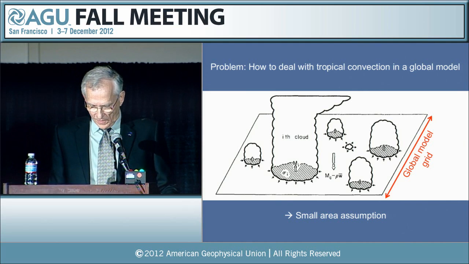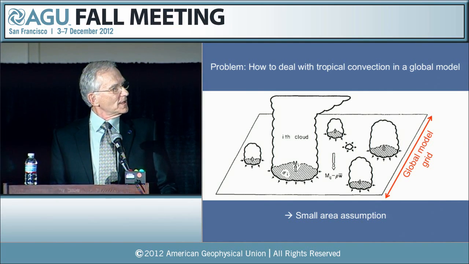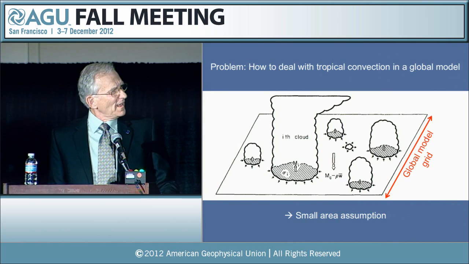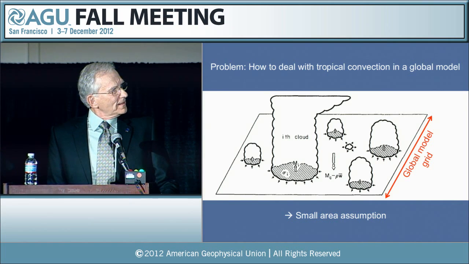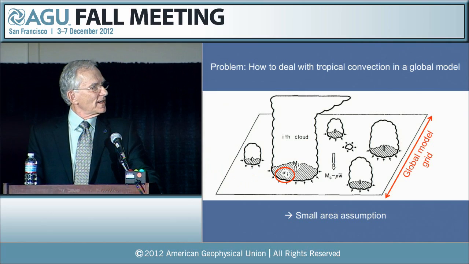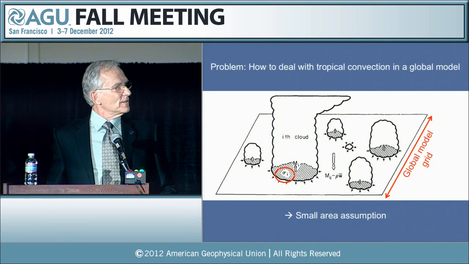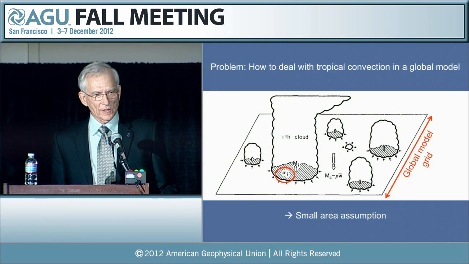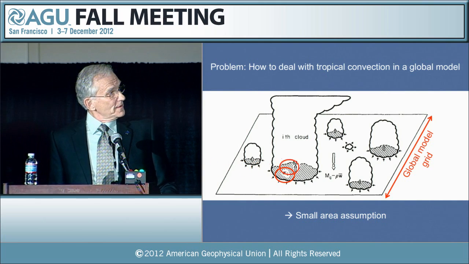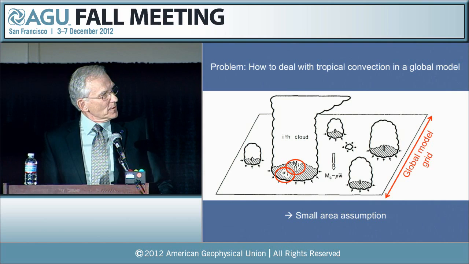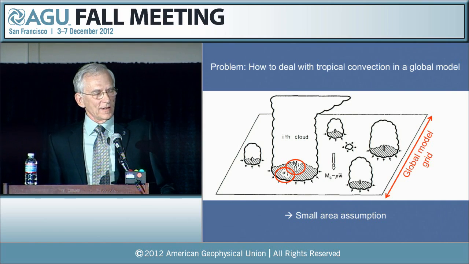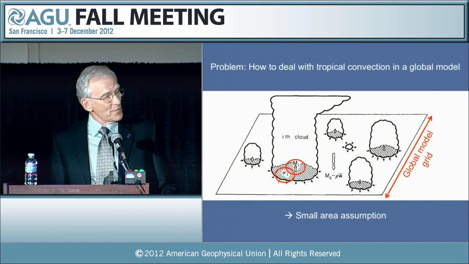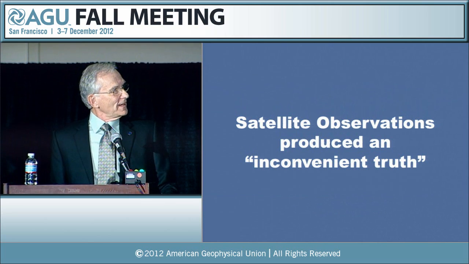So this led to thinking about the population of convection in terms of what could be predicted on a global model grid scale, and led to the idea of a small area assumption: that the clouds are small in area compared to the global model grid size, and that therefore the problem could be viewed as a statistical equilibrium between the convection and the large-scale events. This is how air would get transported out of the warm, moist boundary layer and on up to the high levels of the atmosphere. That was the working hypothesis during the planning of GATE.